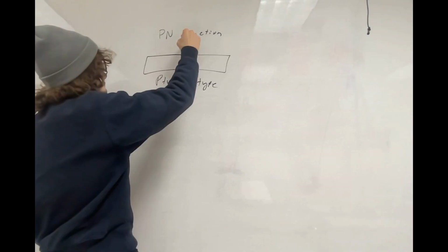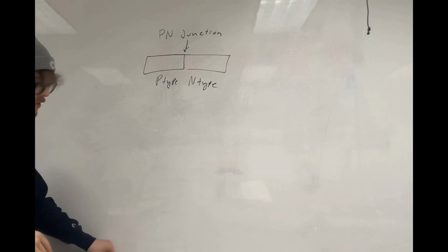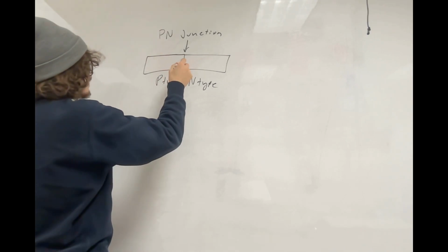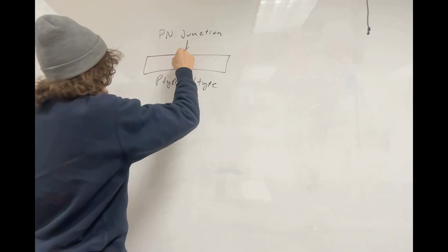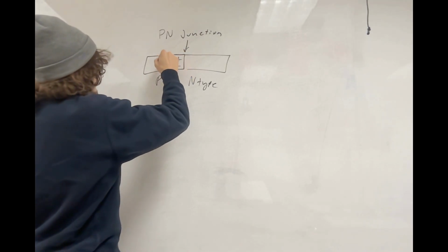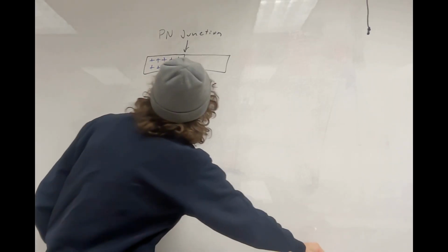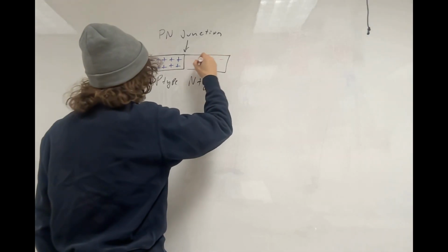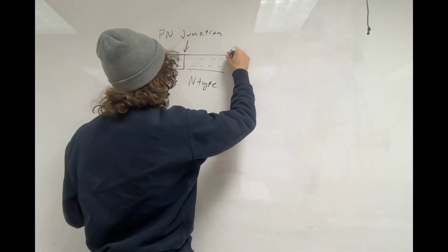Here is our junction. In the P-type, we know we have more positive charge. So here it is before diffusion. And we also have an N-type, which has excess negative charges in it.